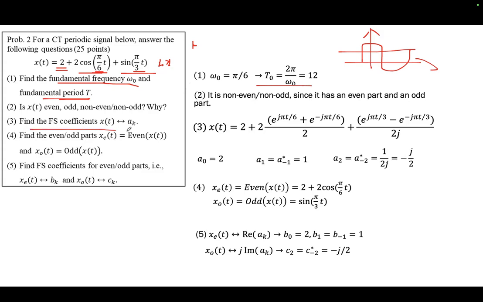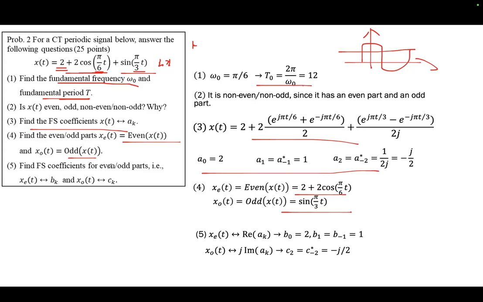And find the FS coefficient. Actually, you can use the Euler equations to convert this equation to an exponential equation, and then you can get the FS coefficient and find the even and odd parts. Actually, we talked about that. This is the even part. This is the odd part. Am I right?